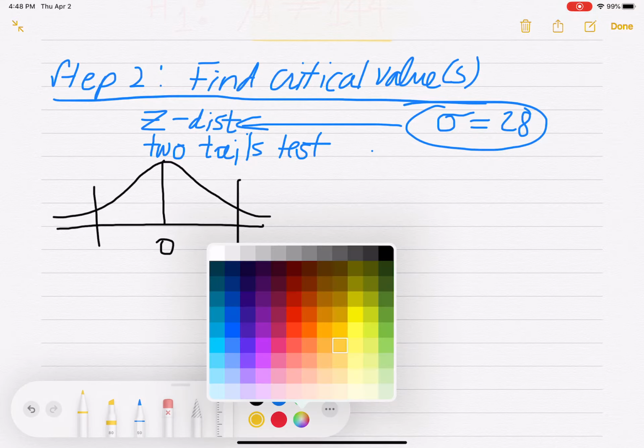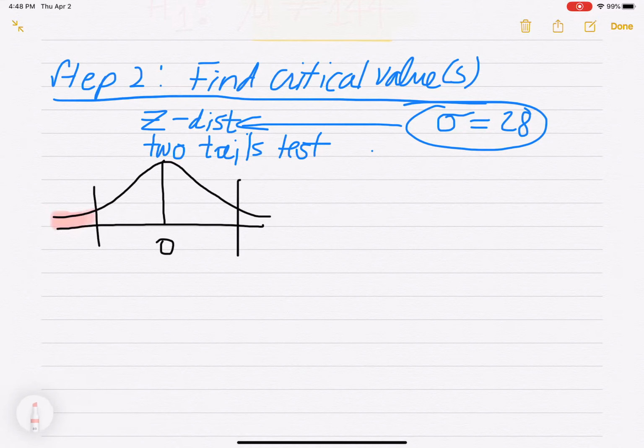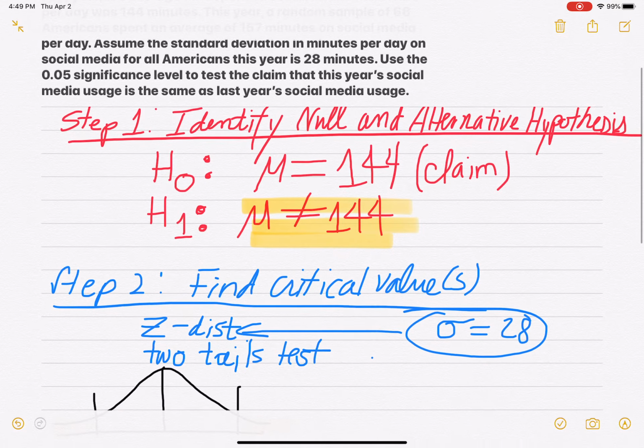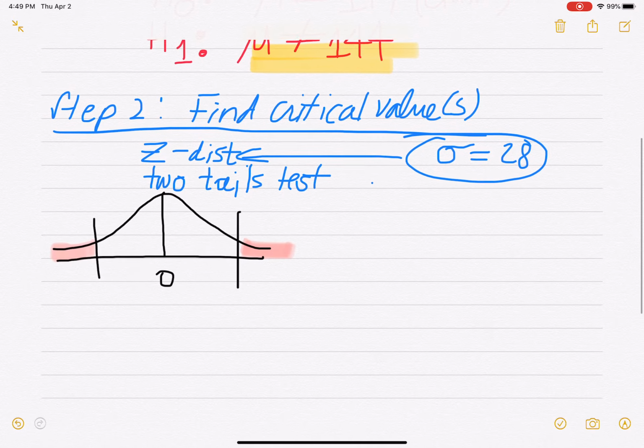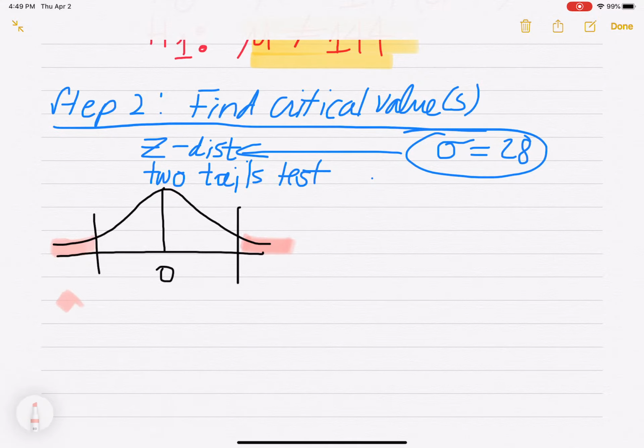Here's the left tail, here's the right tail. And the significance level, that's the probability of making an error, 5%. So split up between those two tails is what's called alpha, 5%, 0.05.